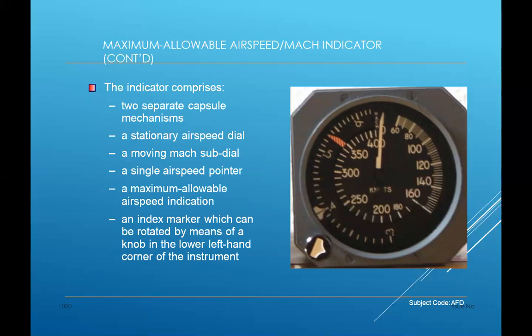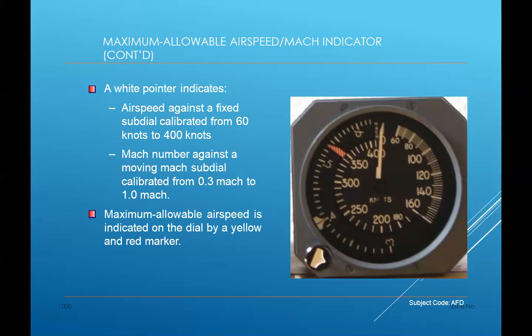The indicator comprises two separate capsule mechanisms: a stationary airspeed dial, a moving Mach subdial, a single airspeed pointer, maximum allowable airspeed indication, and an index marker, which can be rotated by means of a knob in the lower left-hand corner of the instrument.